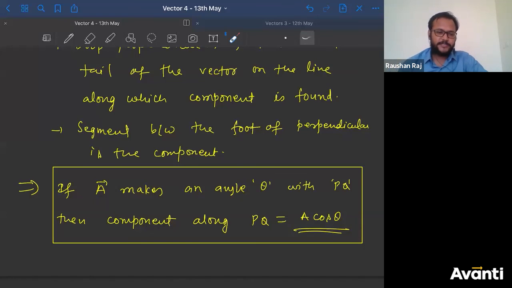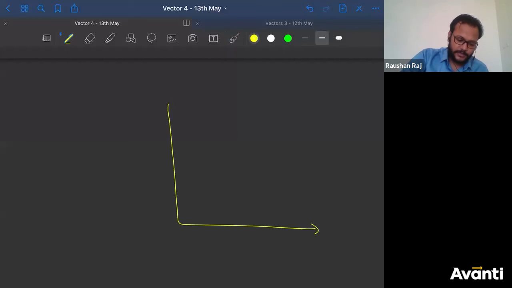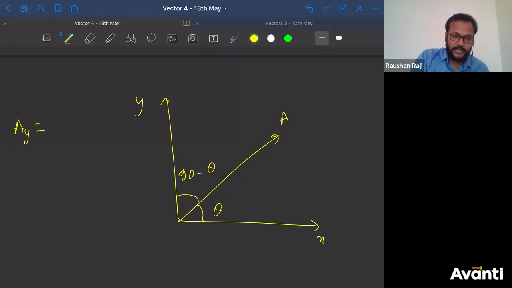Yeah, you can do that, Vikas. You can write that, no problem, because cos 30 is nothing but sin 60. See, you can write that theta is 90 minus theta also, na? देखो विकास, होता क्या है, लोग ऐसे याद रखते हैं. If this is y, this is x, if this is vector A, if this is angle theta, can I say this will be 90 minus theta? तो component along y को मैंने Ay लिखा, तो क्या लिखूंगा?